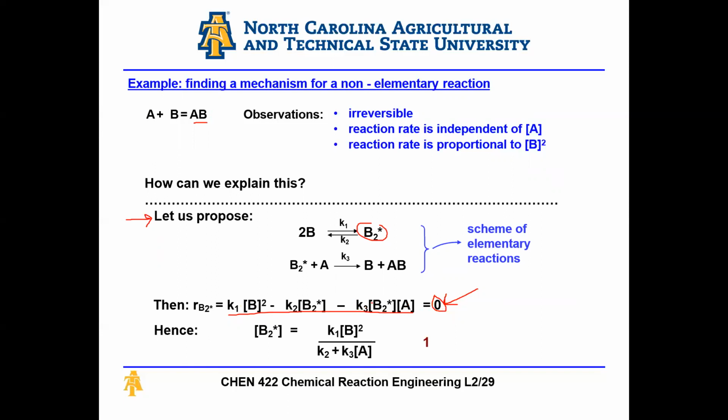So I factor out B2*, move this to the other side, and divide, and I get B2* equal to k1 B squared divided by k2 plus k3 multiplied by A. Now I have an expression for the concentration of B2* in terms of the components I see in my reaction, B and A.